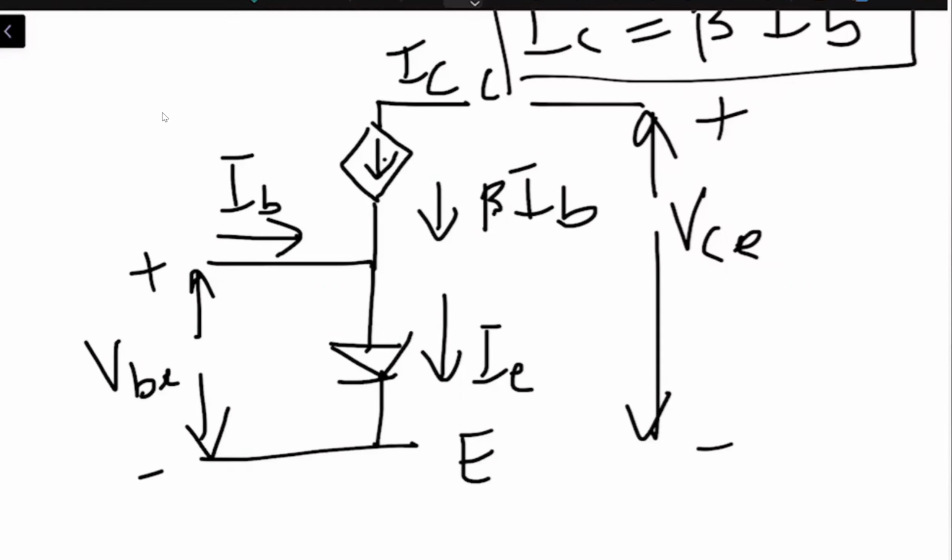Yes sir. Okay. Now we can say that there is an input impedance for the system, which is the input voltage to the input current.